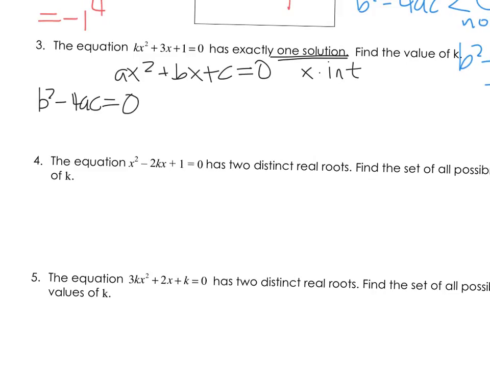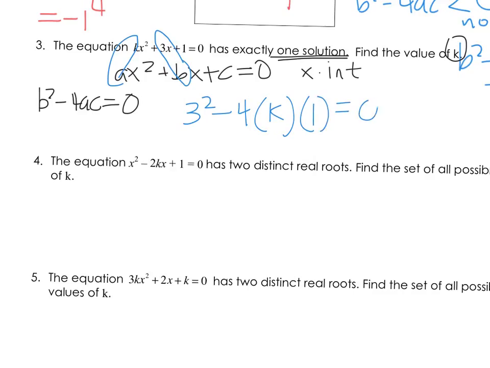So now we can substitute in our values. We're solving for k. So let's see. Instead of b squared, I would put in 3. So I have 3 squared minus 4. Instead of a, I put in k. And instead of c, 1. I set it equal to 0.